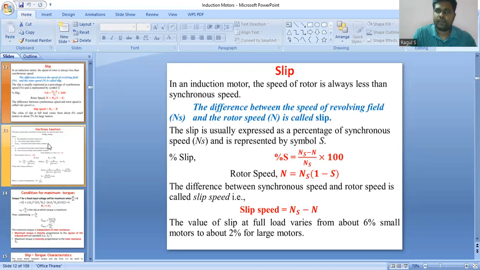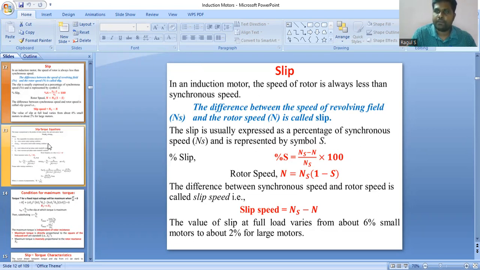Slip is generally defined as the difference, or variation, between the actual speed and the synchronous speed. Otherwise, the speed of the revolving field and the rotor speed.